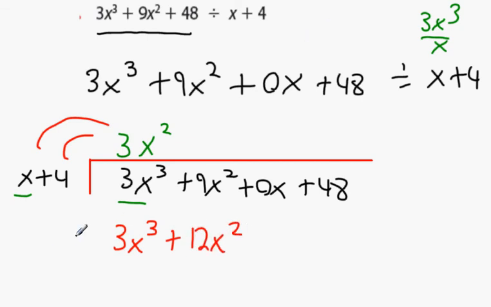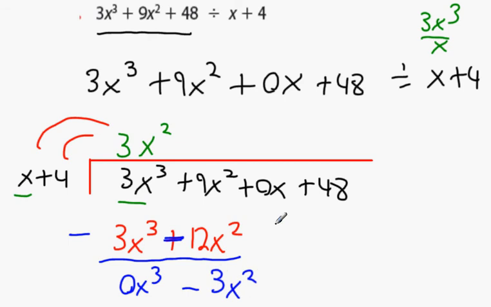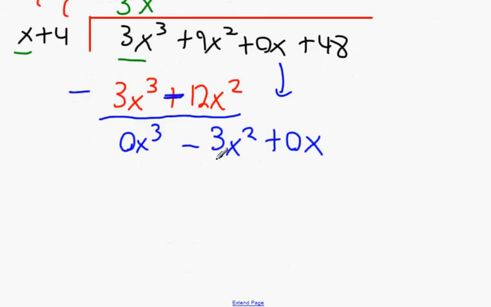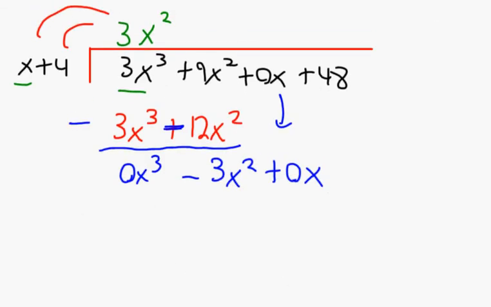What do we need to do now? And what happens when I minus them? 0x cubed minus 3x squared plus 0x. This is why the 0x is important. It lines it up properly, okay?